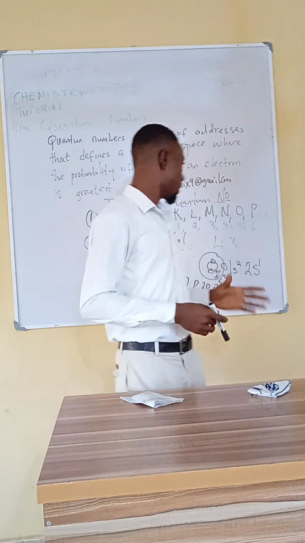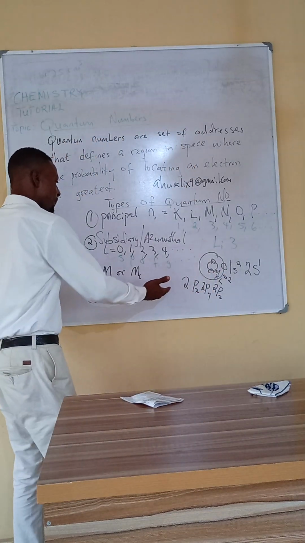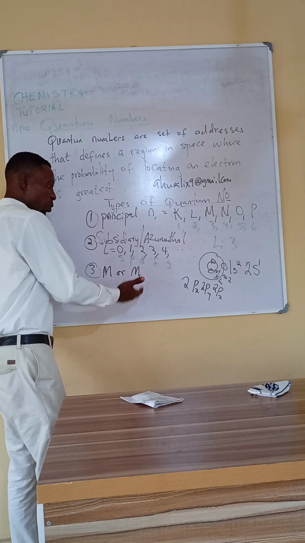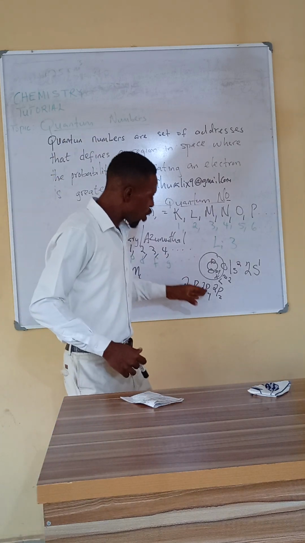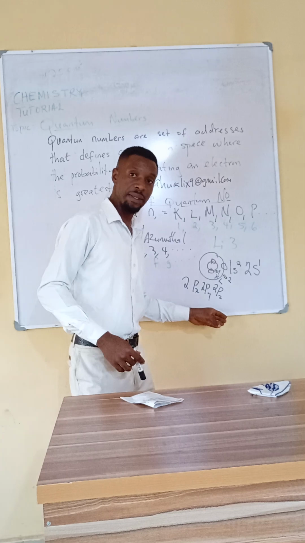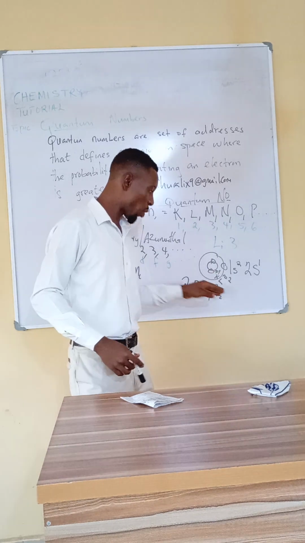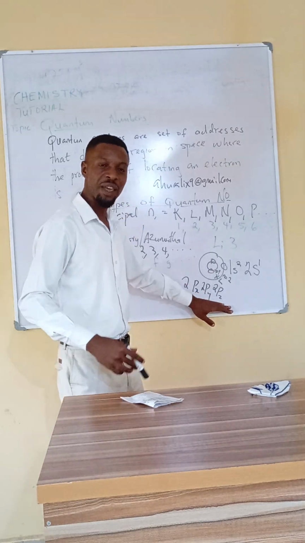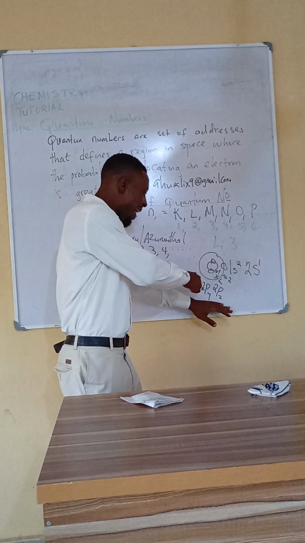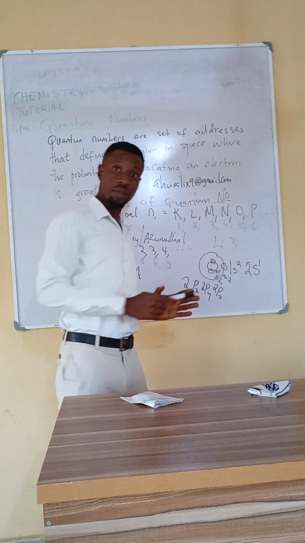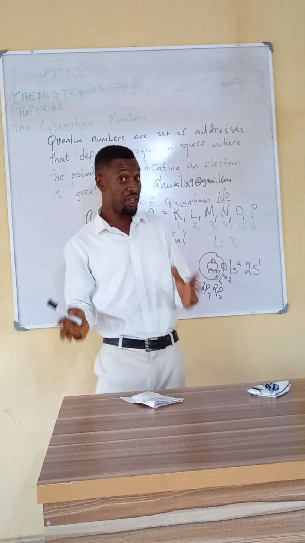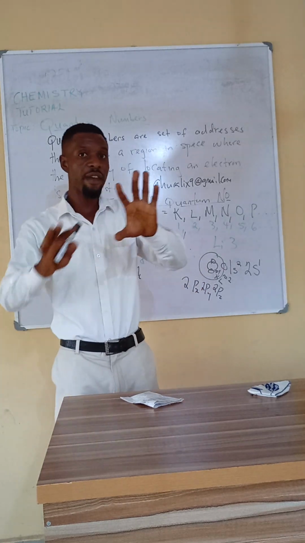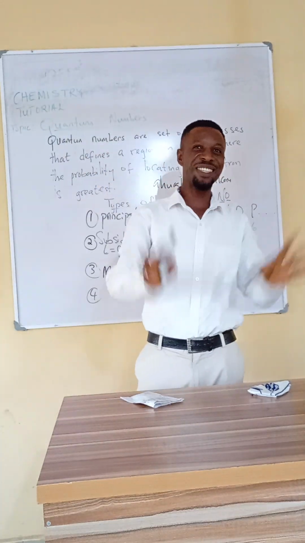Is that good? So, now this magnetic quantum number talks about the degenerate orbitals. In this electron you're talking about, is it inside any of these degenerate orbitals? Is it px, py, or pz?